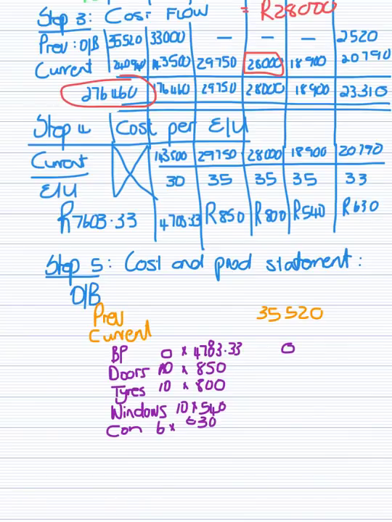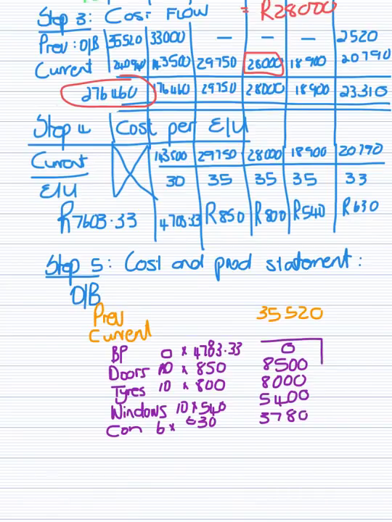This gives me 0, 8,500, 8,000, 5,400, and 3,780.